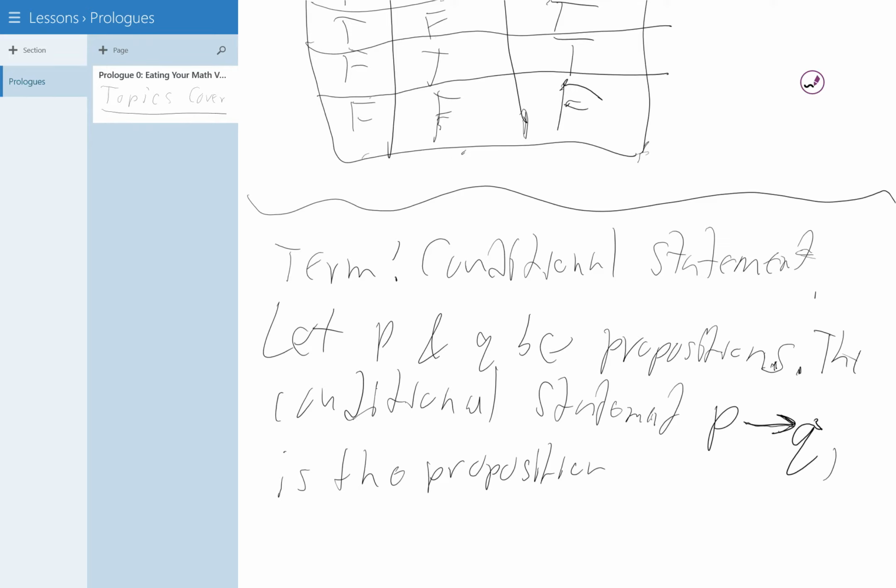I don't know if that's a formal term, that's how I like to call it. Is the proposition, so if P then Q. The important thing to see here is that this arrow operator, or implication operator, takes in two propositional statements, one on the left side, one on the right side. This is the format of how we write the symbol, where we put one of the variables on the left of it and one of the variables on the right. And what it means is, if P, then Q.